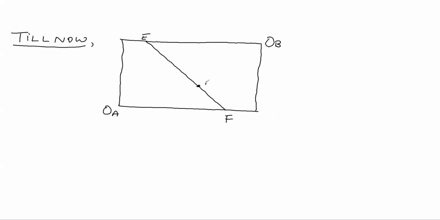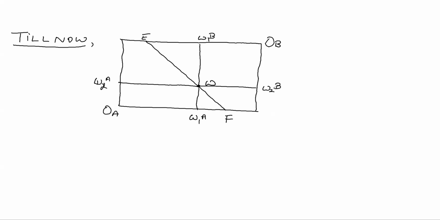This is my endowment point omega. This is my omega 1A, omega 2A. This is my omega 1B. This is my omega 2B.